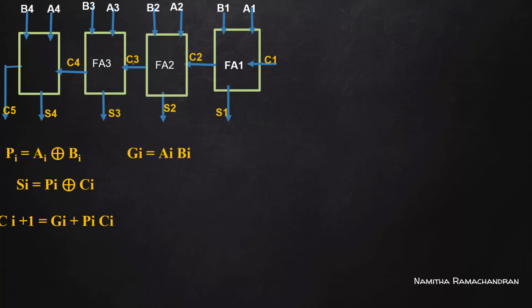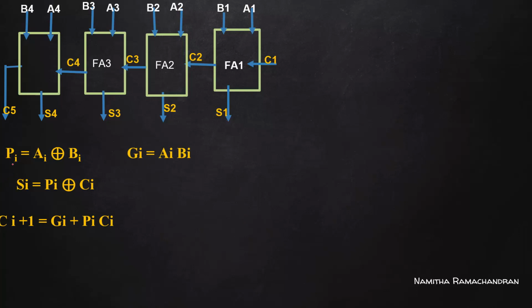We need to express C3 directly using C1 and C4 directly using C1. Also the C5 directly using our initial instant carry input C1. If it is possible, then it will completely eliminate that carry propagation time.